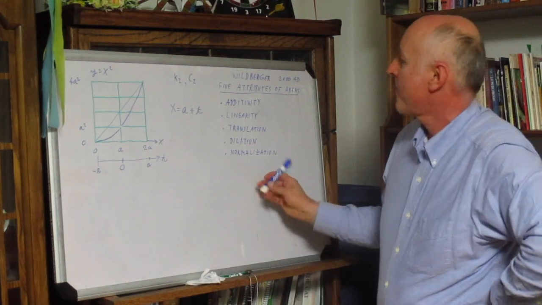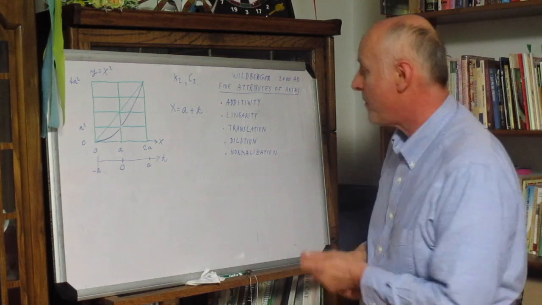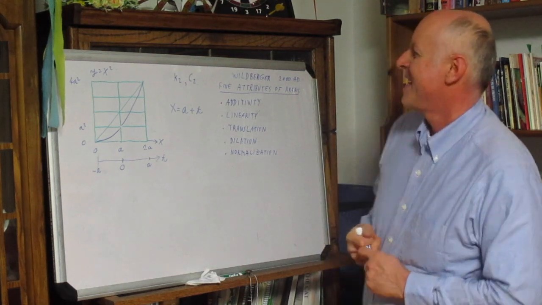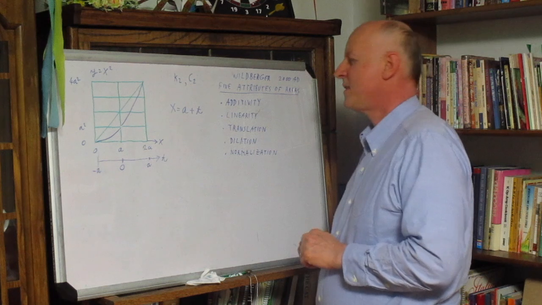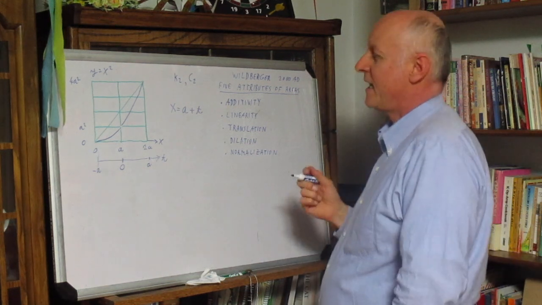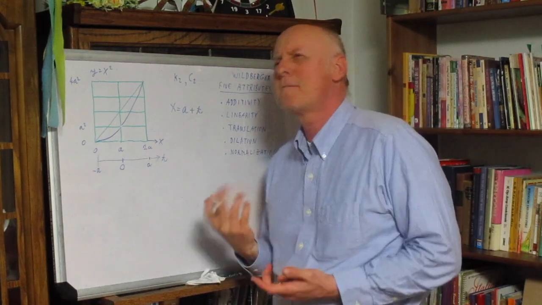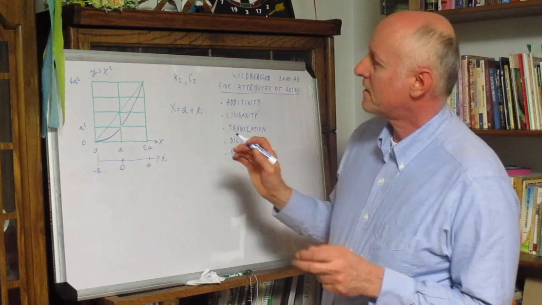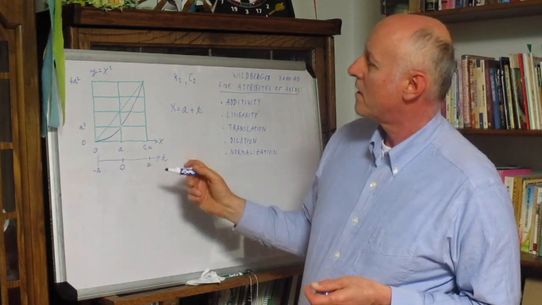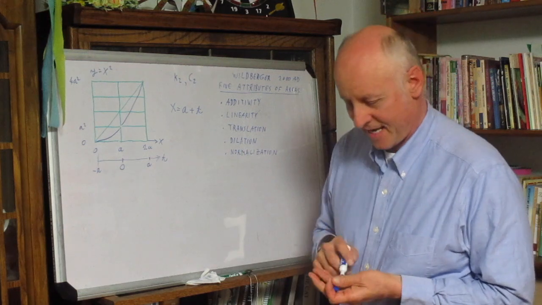Keep this in mind, and we're going to do something with it now. Let's look at our area. And again, we're looking at areas and slopes, or area ratios and slope ratios.